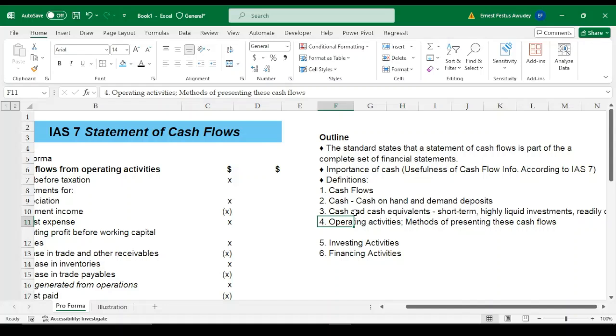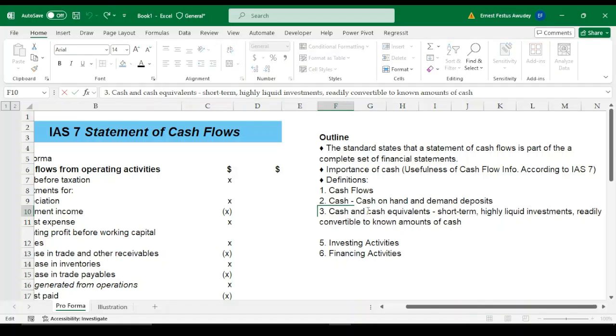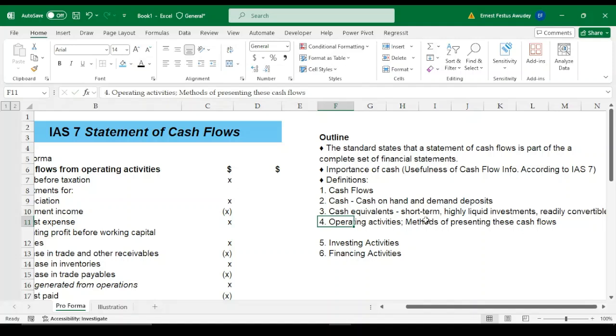So that is the meaning of cash equivalents. What are cash equivalents? They are short-term, highly liquid investments that are readily convertible to known amounts of cash, and which are subject to an insignificant risk of changes in value.